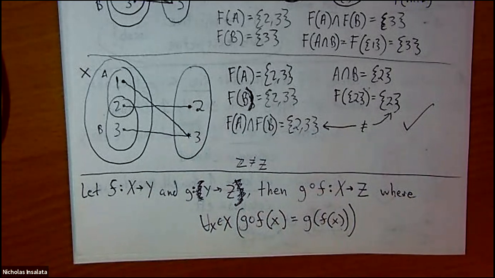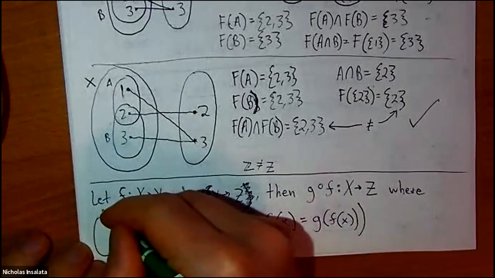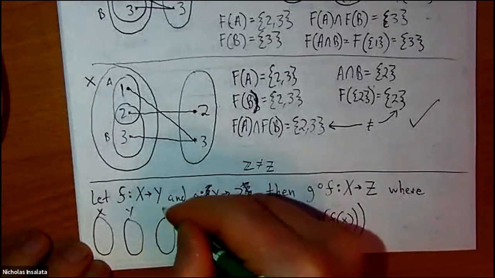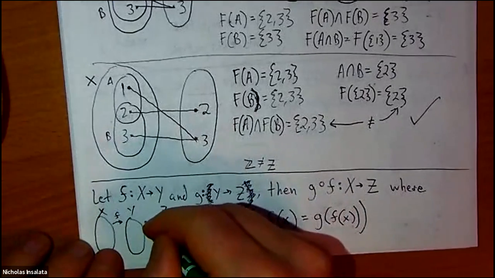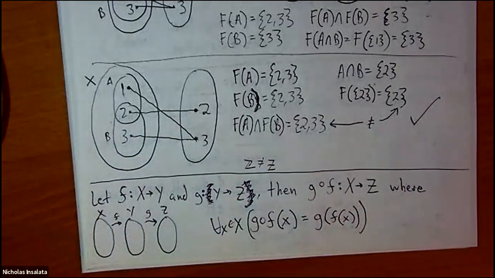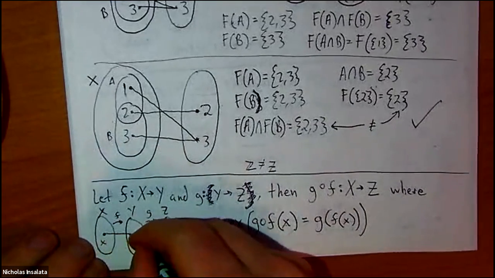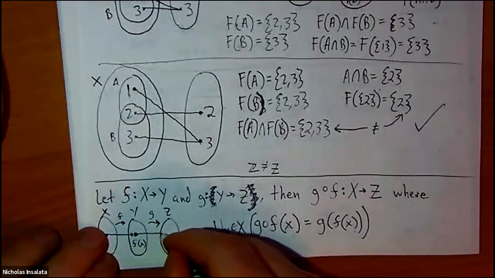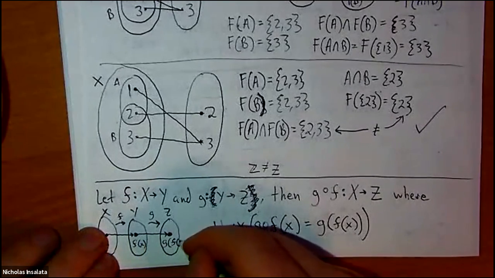Well, what if we wanted to make an arrow diagram of this? Well, we would have three circles now. We'd have X, Y, and Z, where f goes from X to Y, g goes from Y to Z, and if we had some x in here, that's going to map over to f of x, and that's going to map over to g of f of x.